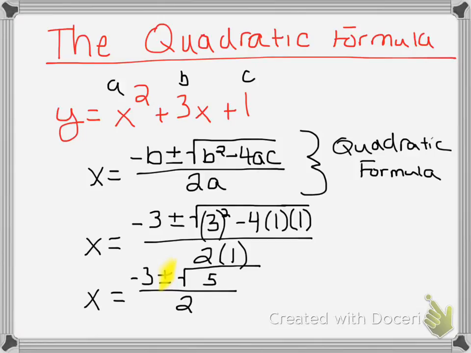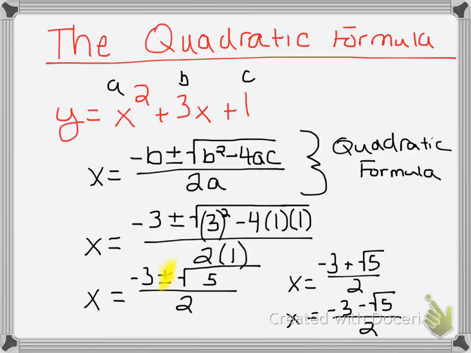We break this up to be x equals negative 3 plus square root 5 over 2 and negative 3 minus square root 5 over 2. So now we have these two answers for what x is equal to.